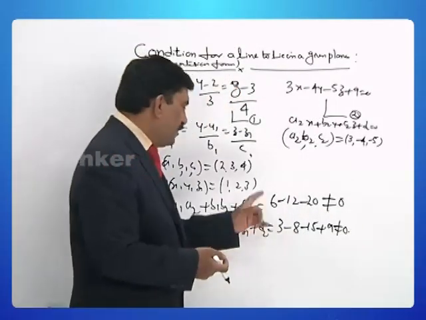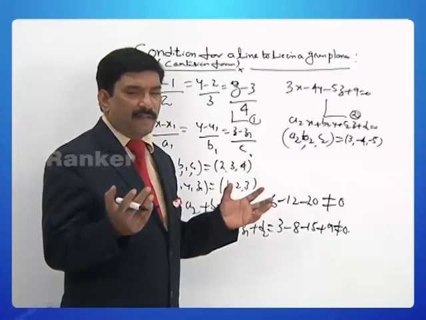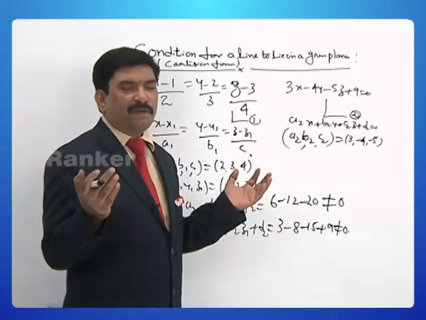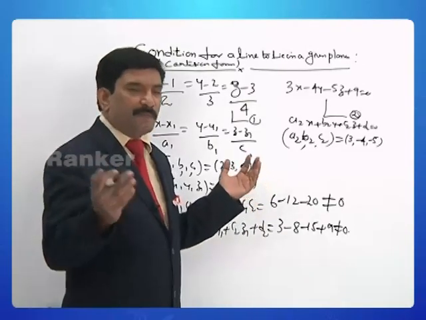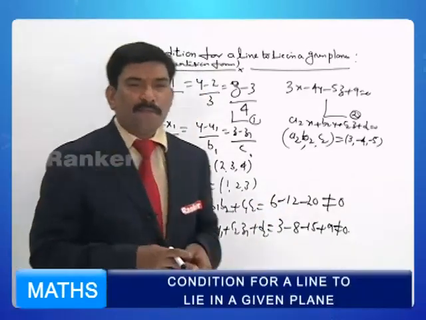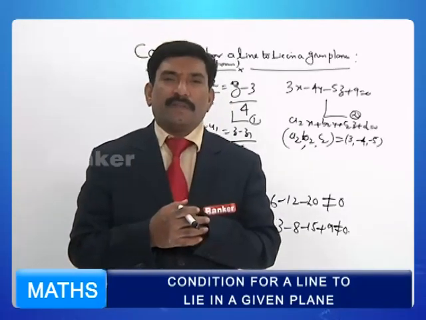No. Because when a line is parallel to a plane, certainly a1 a2 plus b1 b2 plus c1 c2 is equal to 0. Here it is not equal to 0. Hence, this line meets the plane in only one point, a unique point.